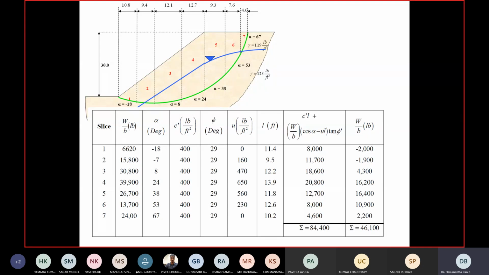Here one of the assumptions is that the bottom width of the slip surface is assumed as linear. But if you resort to a computational program, we can give the length as a mathematical function, so it exactly calculates the whole area.